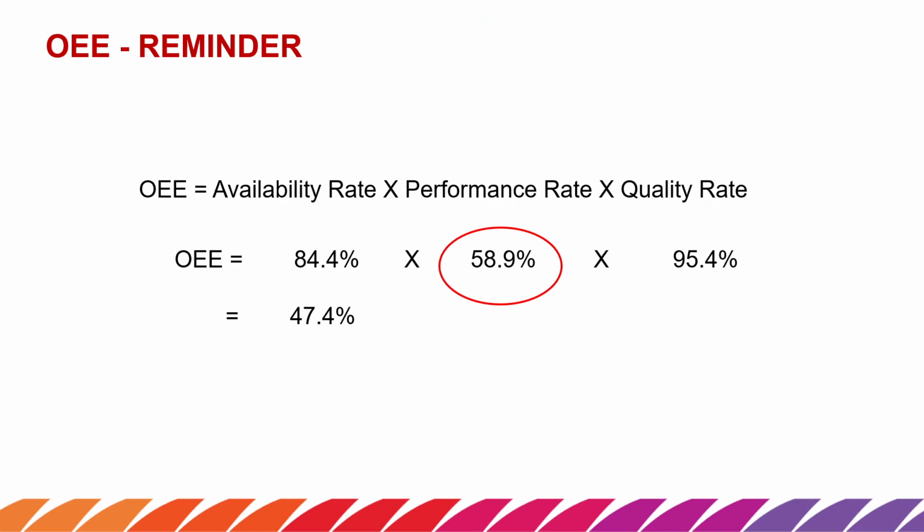So in this way we can easily calculate OEE for any process or standard production line or equipment by calculating these three parameters, and we can identify which of the parameters is having maximum hit on OEE. Like in this case, the performance rate is the minimum out of these three, so this is causing the major dip in overall equipment efficiency.